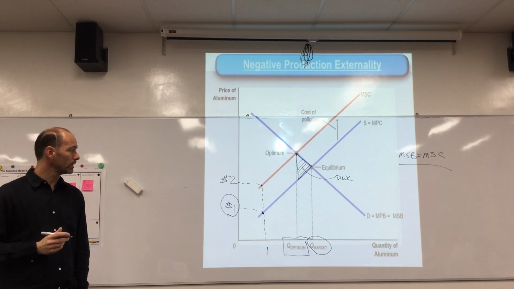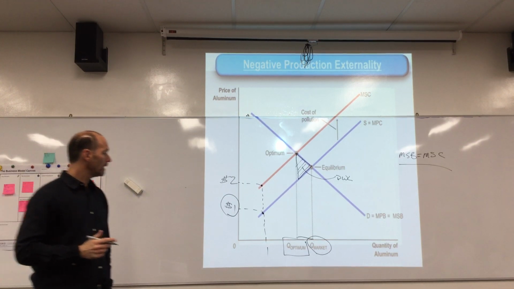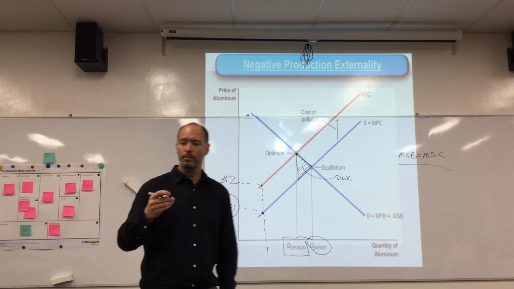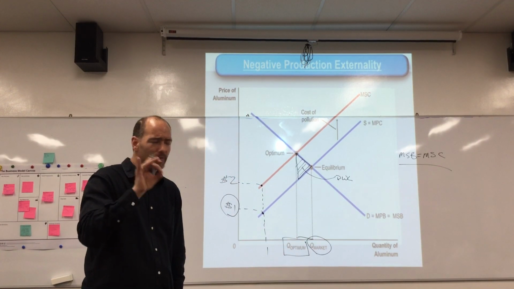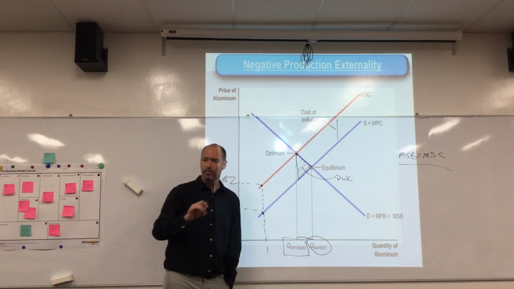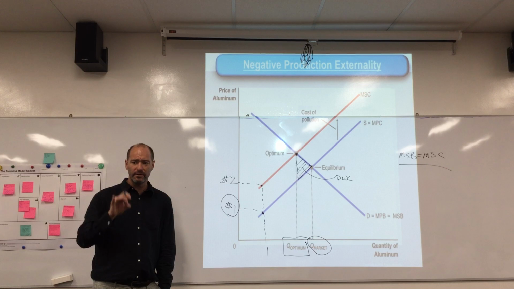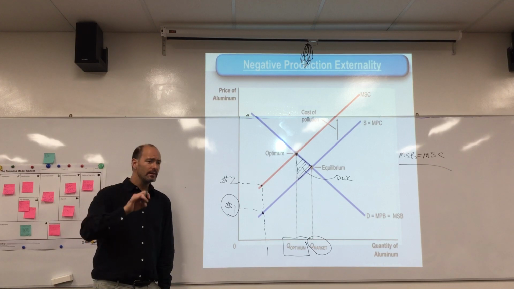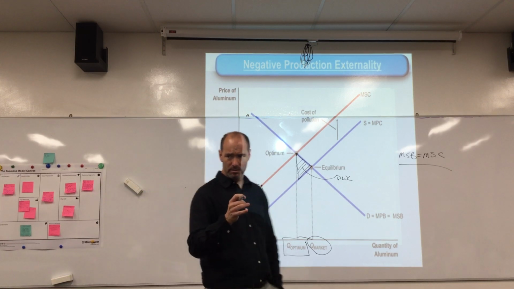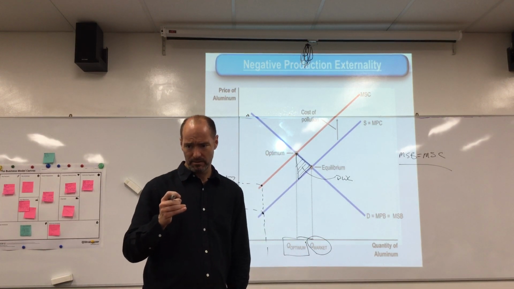Okay, to represent the deadweight loss. Now, with market failure, we're introducing the idea that markets aren't always perfectly efficient. If they're not always efficient, this introduces the potential for government action.